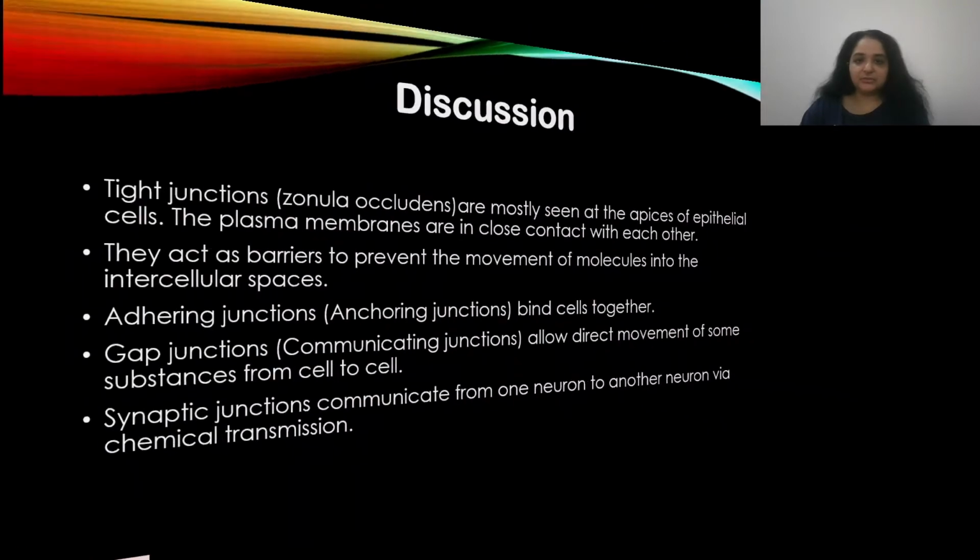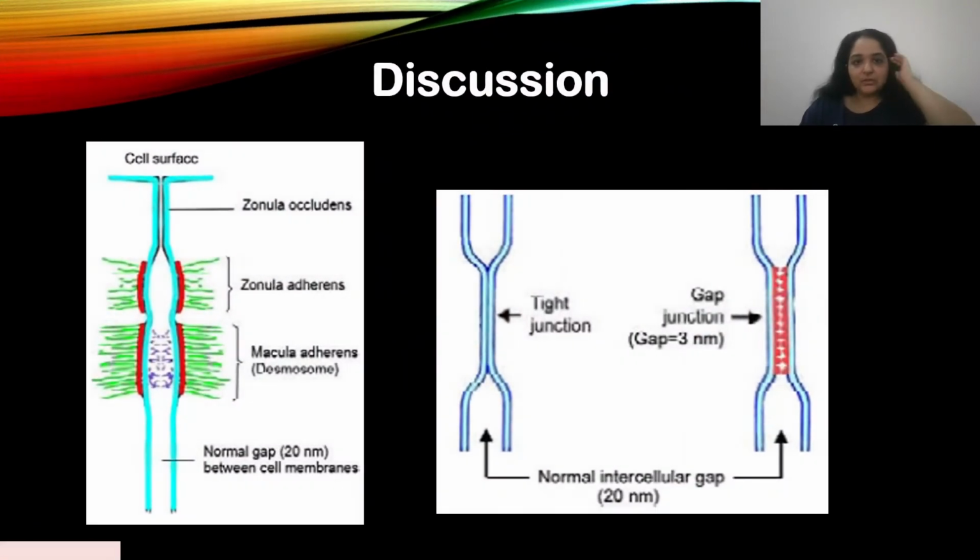Okay, I think I have a diagram. Yeah. So you have zonula occludens, the tight junctions. You have the adhering junction over here. This is also a type of adhering junction, and this is again tight junction. This is a gap junction.